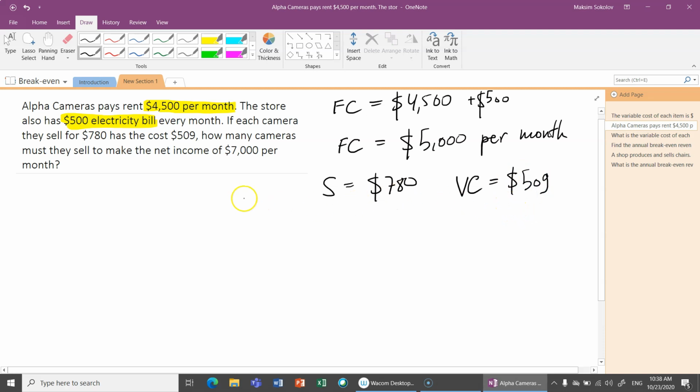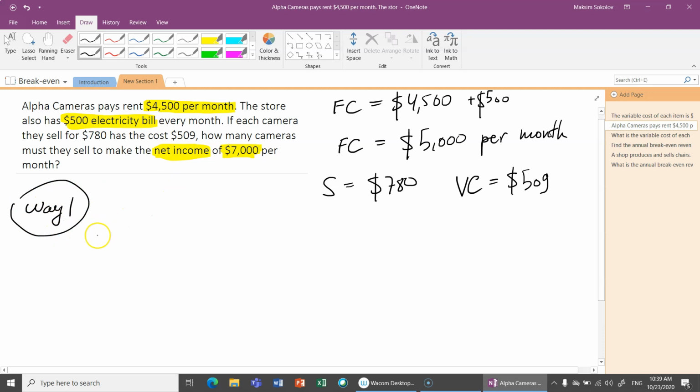The question is, how many items should be sold to make $7,000 per month for net income? You see, so here what the question is asking is the net income, the amount of money you make after you pay your fixed costs. Again, let's use two ways to solve this problem.